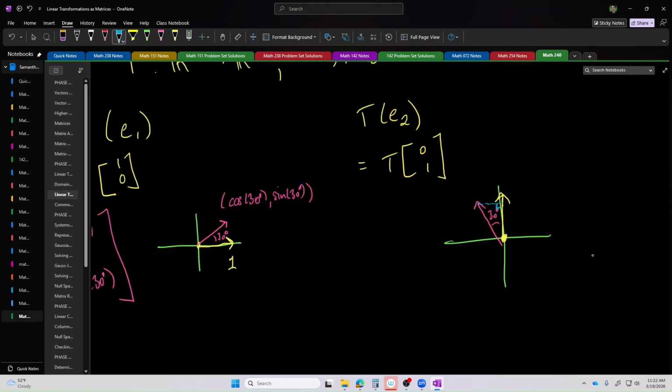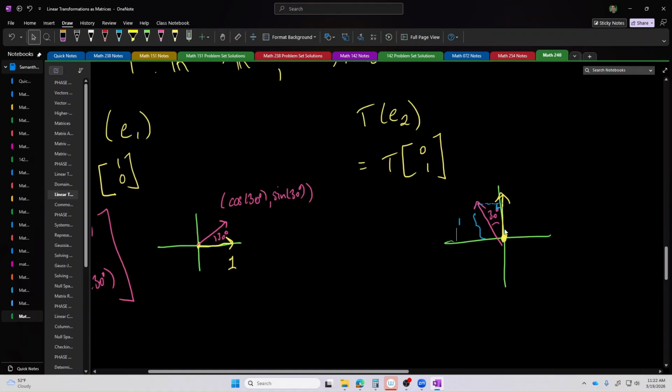I'm going to note that if I draw a line over to the y-axis, I form a right triangle in this picture where the hypotenuse of the right triangle is equal to 1 unit, because that's the length of the vector. The length of the vector has not changed as a result of this rotation.